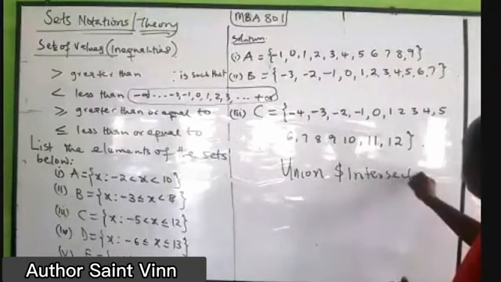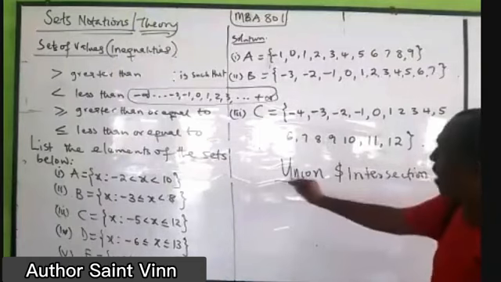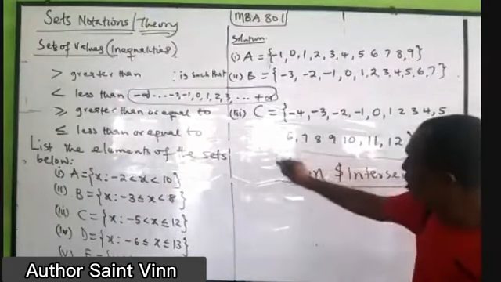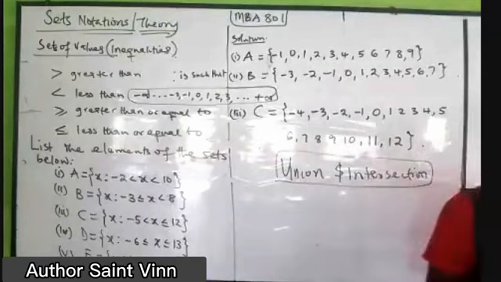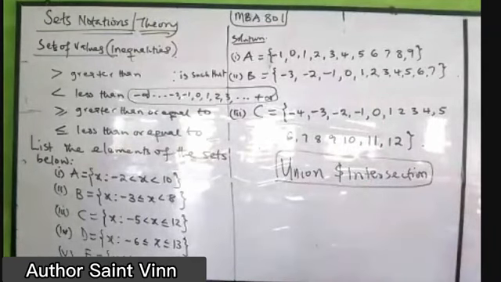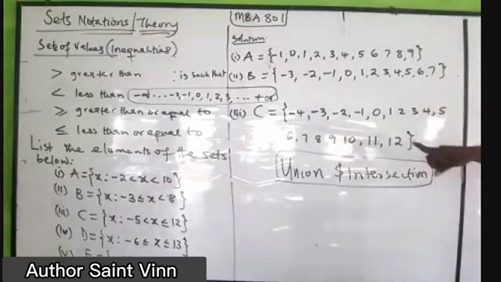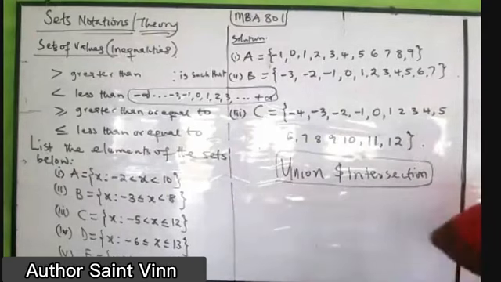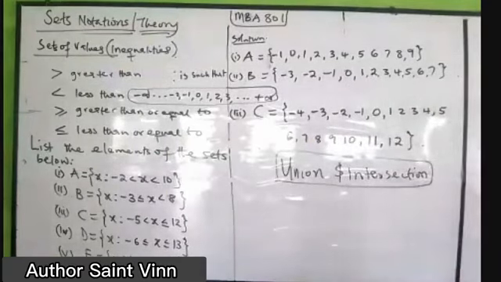From this union and intersection we'll be able to look at Venn diagrams, 2 set and 3 set Venn diagrams, complement, and all the rest of it. That's the main thing. But we can't start this without telling you this first. On that note, any other questions?